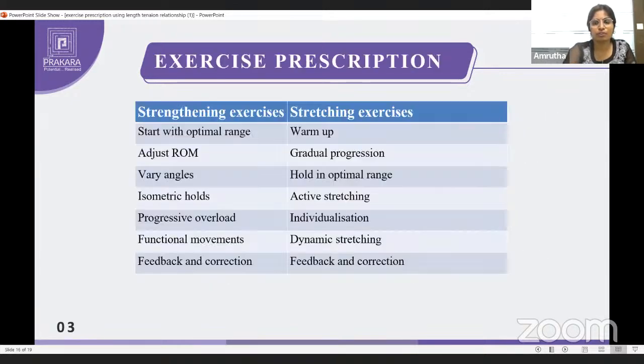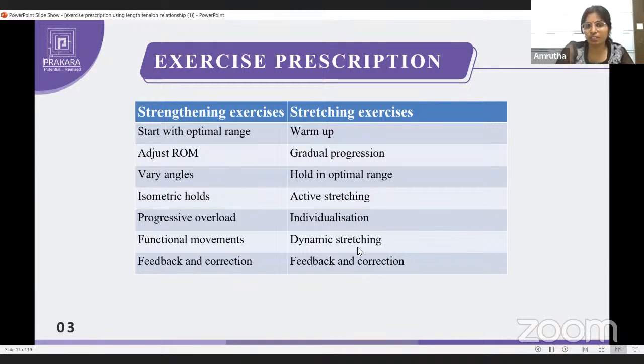Now, coming to exercise prescription, I have not included the entire ocean of all the sets of exercises, but only strengthening and stretching here, because learning something without confusion will be much better. If I add sports specific training, rehab and all, it will cause more confusion.